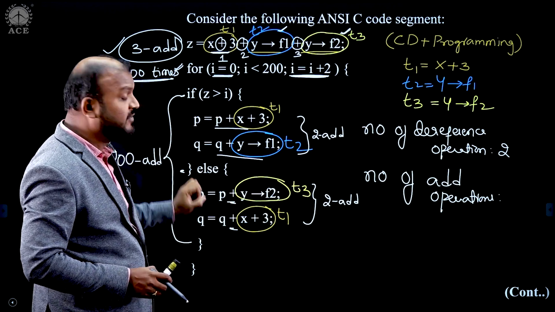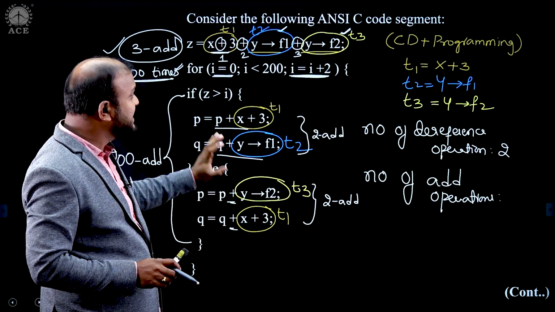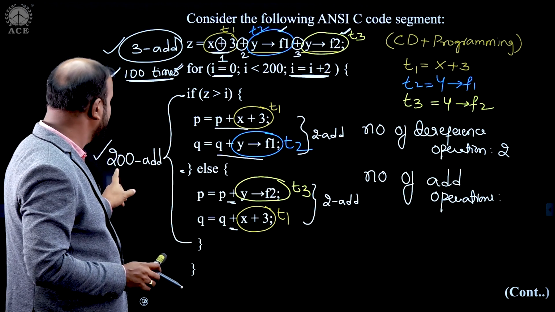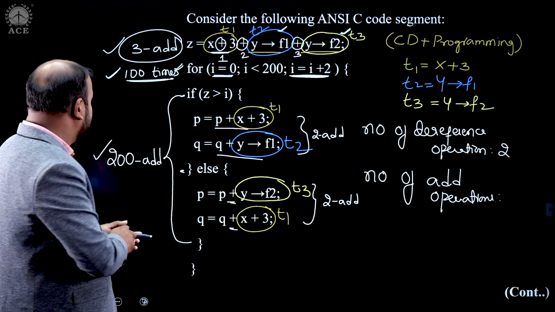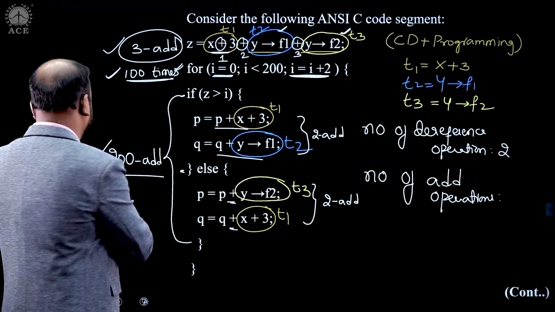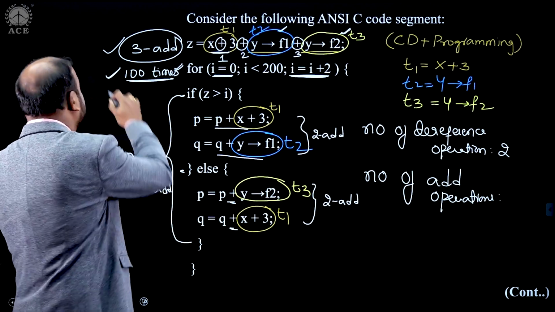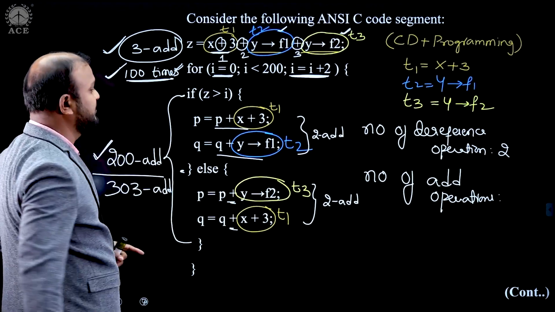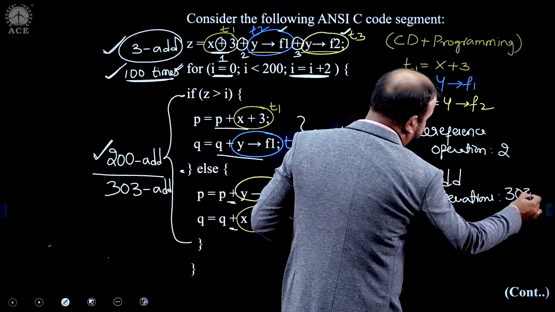Either true part or false part is executed only for 100 times. So 100 into 2, 200. So total add operations are 200 plus 100 plus 3. Totally 303 add operations: 3 outside of the for, 100 for the increment, 200 inside the for. So total number of add operations is 303.